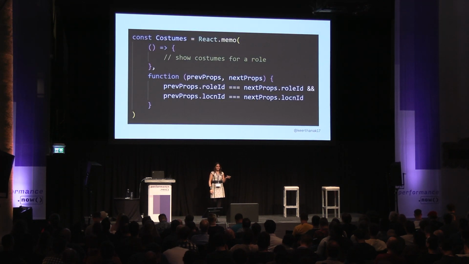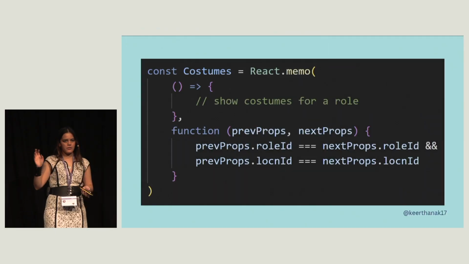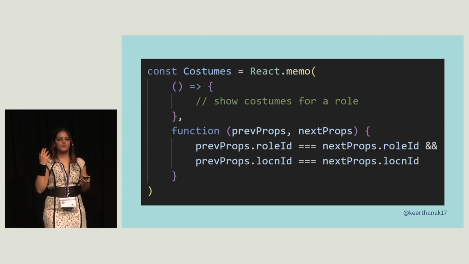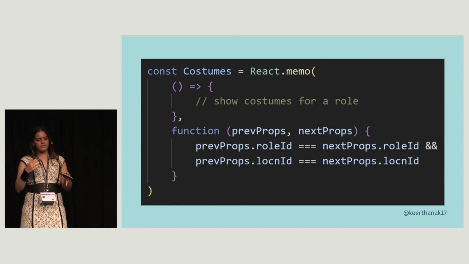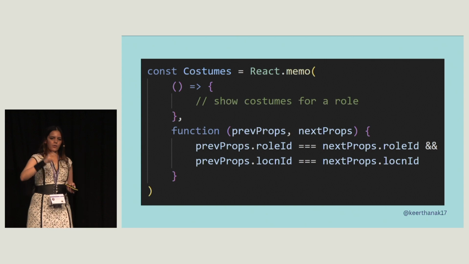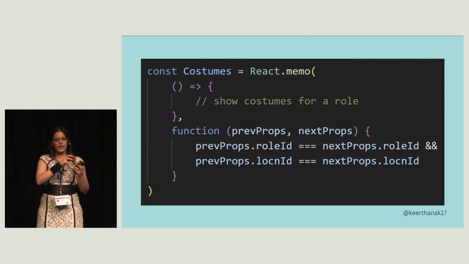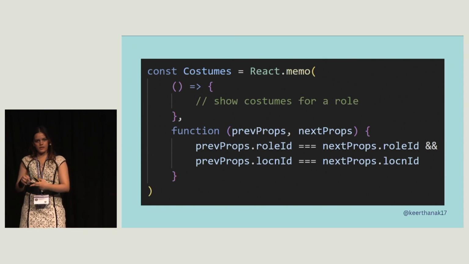So an example would be, in this case, we have costumes, and I'm not going to show you all the code. This is, again, scenarios and things that you can consider. So I have my costumes. They are connected to both roles and location. So what do I want from my costume? These costumes are connected to a single role and to a single location.